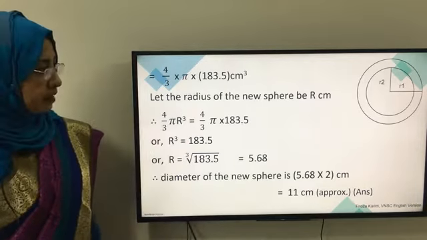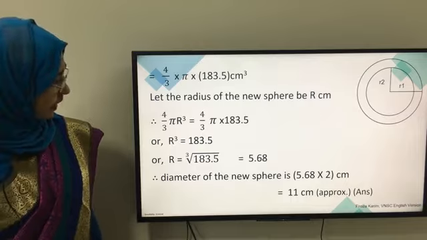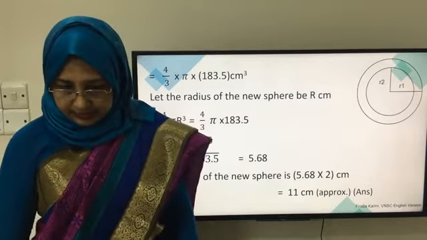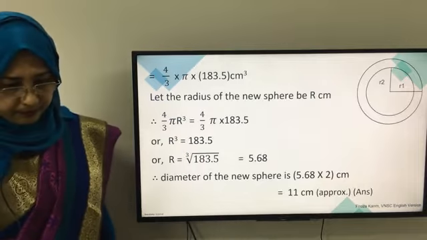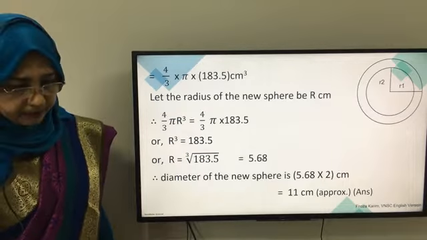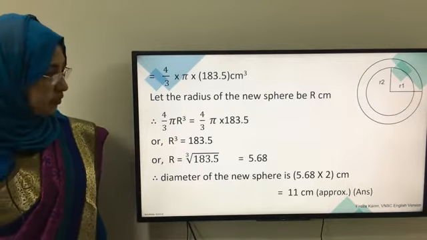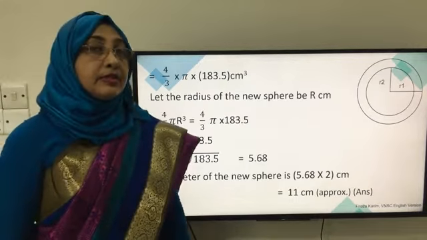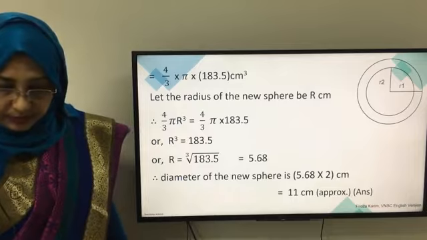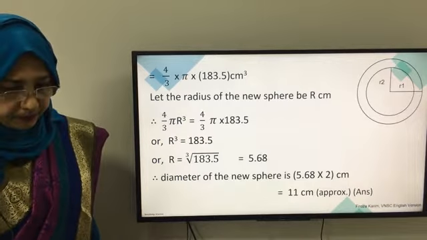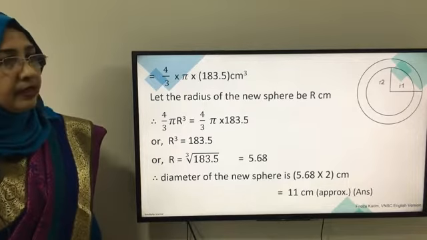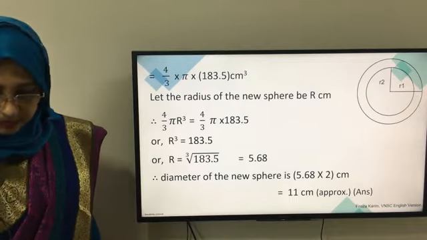Write it down girls, and we got the diameter of the new sphere. I think that was our question. So we got the answer. If there are any queries or any confusion, you may ask me. Otherwise let's go for the next problem.